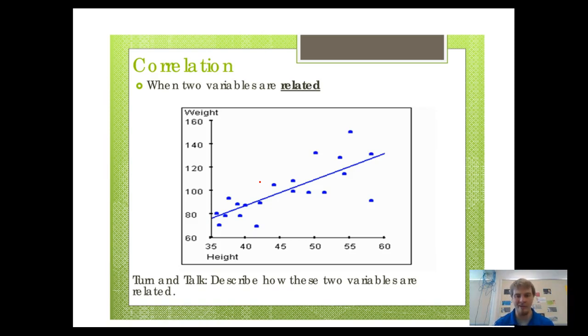At some point you have to have more weight with more height. As you can see, though, not everyone is the same weight, because you can be heavier or lighter depending on a whole bunch of other factors. The other factors stray these dots away from the line. So they are correlated, but it doesn't mean these things are exactly true.